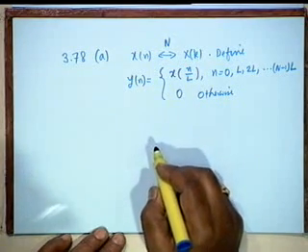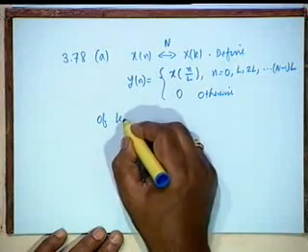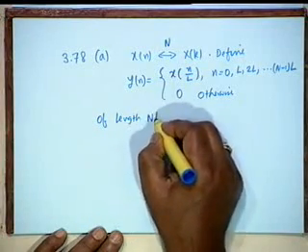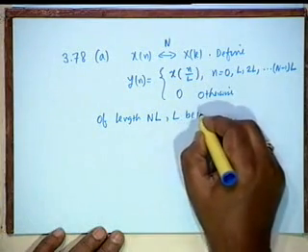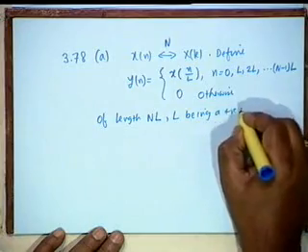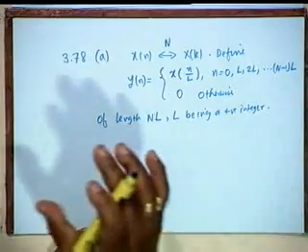But y of n is now of length capital N multiplied by L, L being a positive integer. So far so good. We had capital N number of points in x of n. So, when we upsample it, we are adding L minus 1 zeros in between. So, the total length of y of n becomes capital NL.